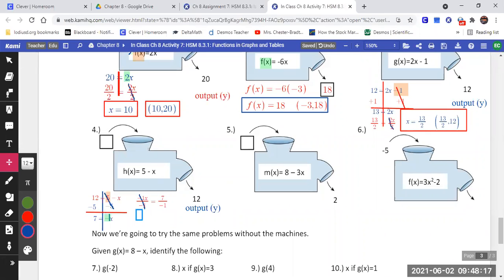Tell me what the input had to be, and tell me my coordinate pair. Solve the math. What did we get?